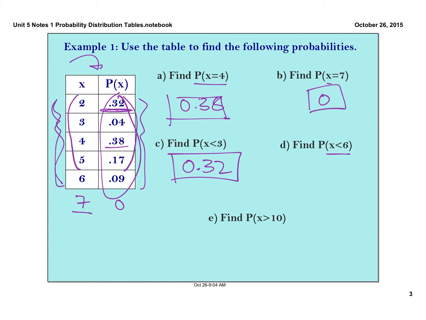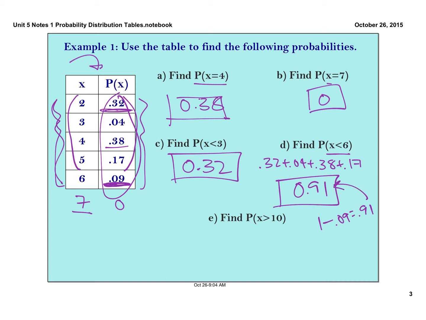So that is 0.32 plus 0.04 plus 0.38 plus 0.17, and I end up with 0.91. The other thing you could do is that the only one you're not including is the 6. So 1 minus 0.09 gives 0.91, because 100% minus the one I don't want gives me what's left.